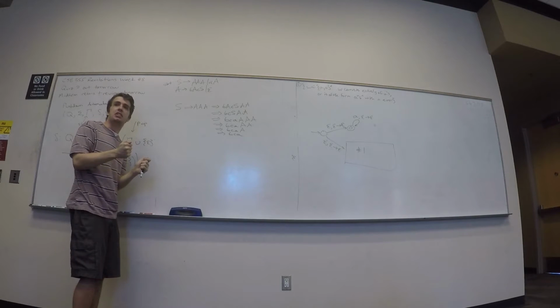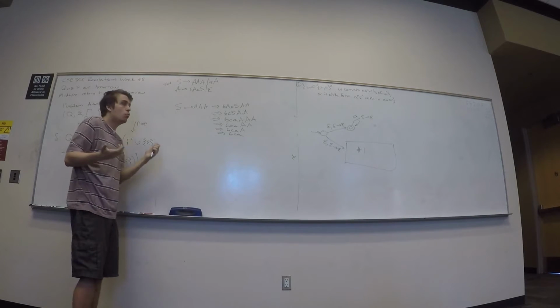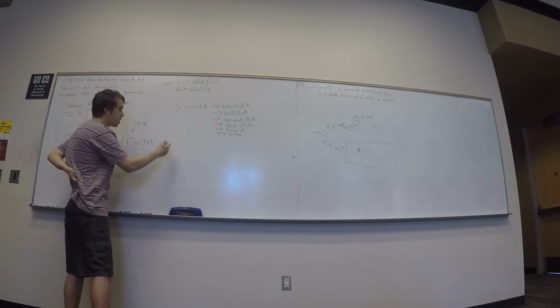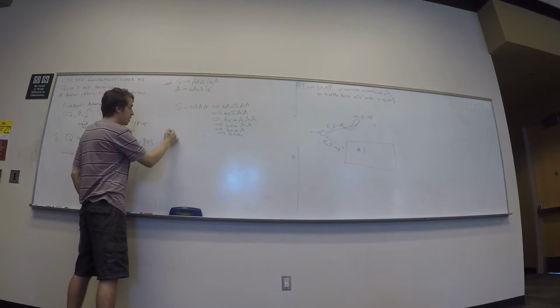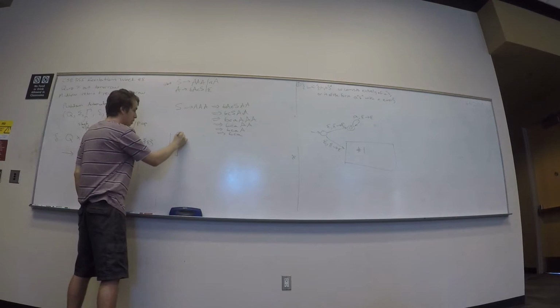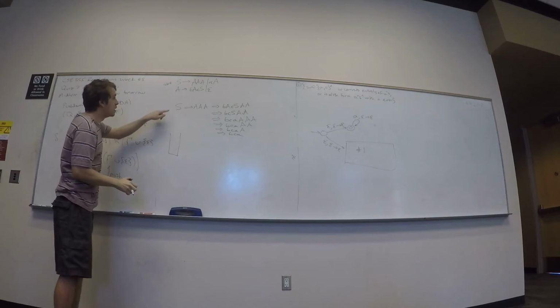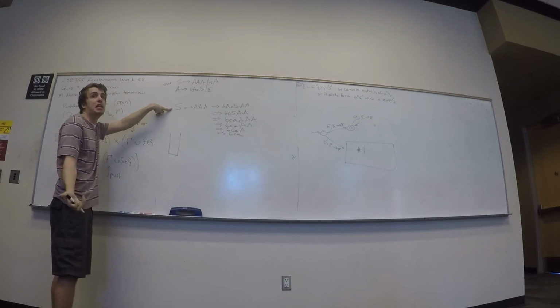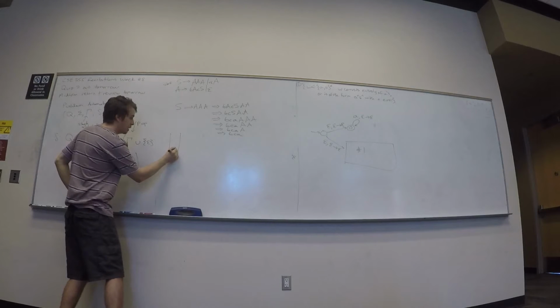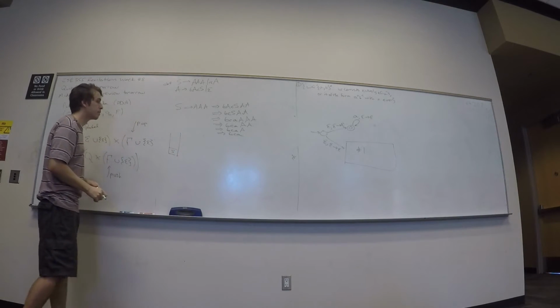Could I mimic this on the stack? Well, let's see. If we mimicked it on the stack, then S has to be on the stack because it's part of the derivation. So let's say that S is on the stack.